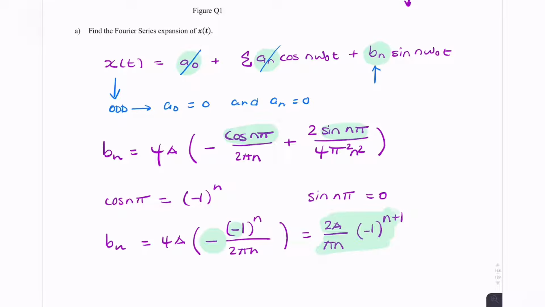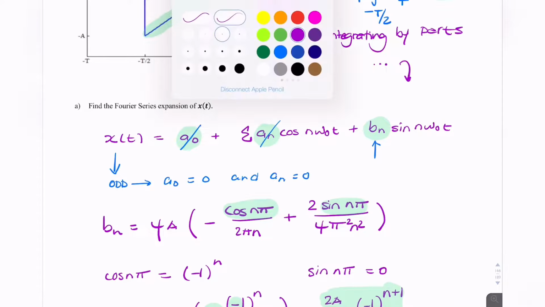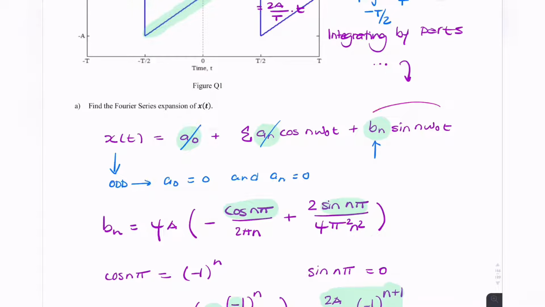Remember, what we're trying to find is the Fourier series. So what we wanted was that, and we've just found the b term.